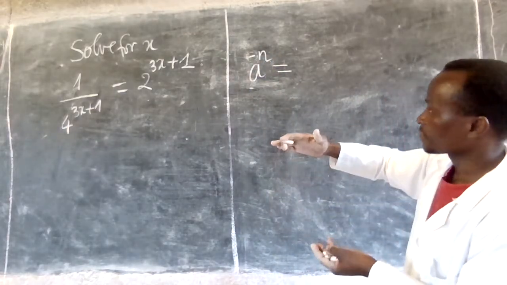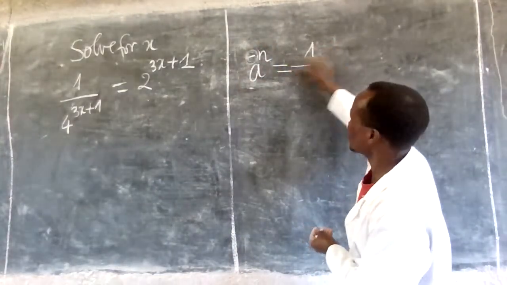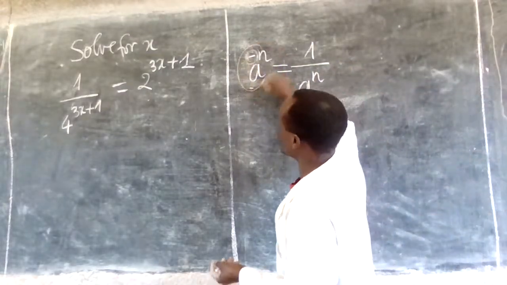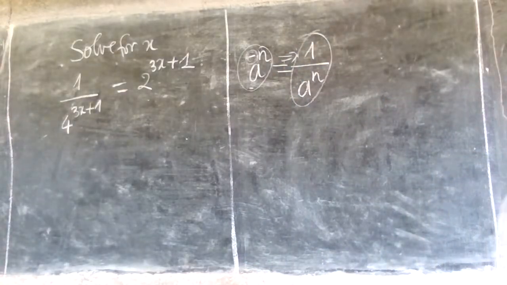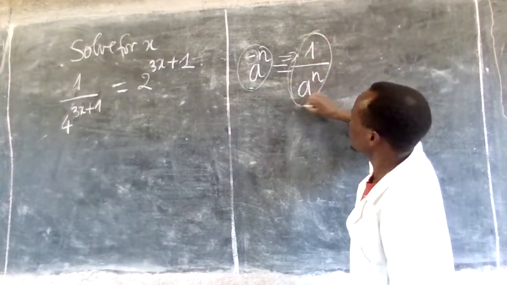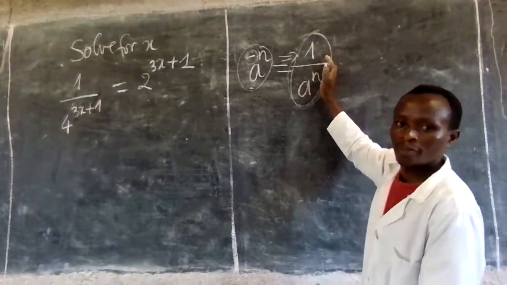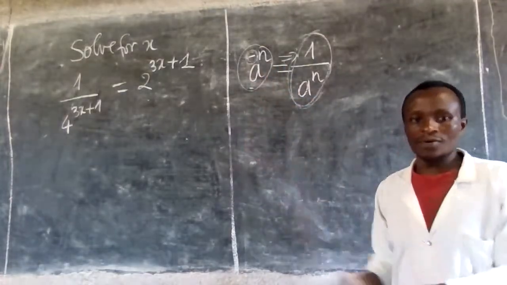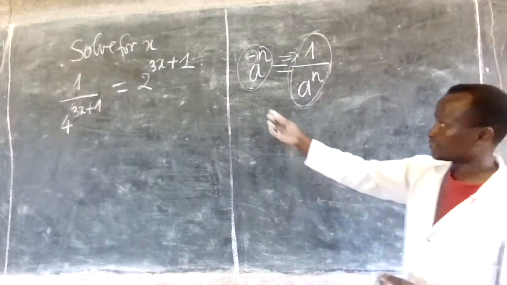It should be a fraction. This a power minus n will be 1 over a power n. It is how to convert this into this one. If you have this one, it is better to change it into that one, and the other way around. It depends on how we are going to use that property.